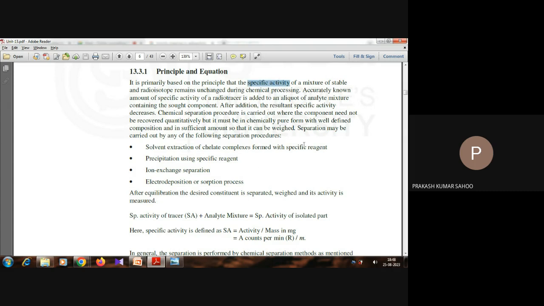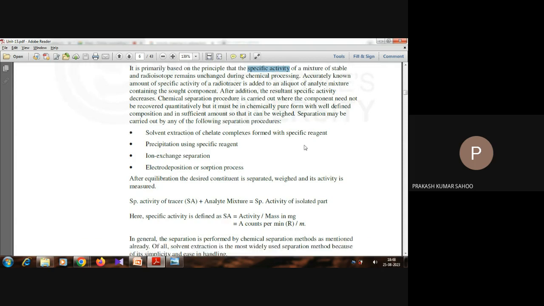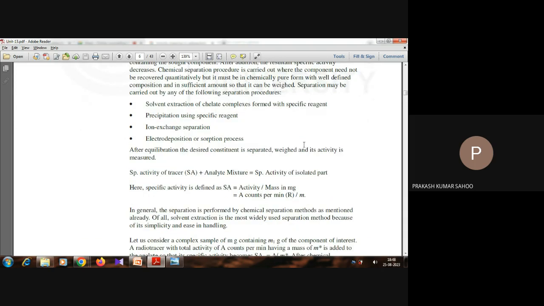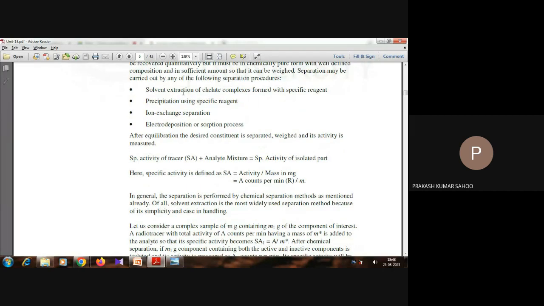So how this specific activity works, this depends on the activity of the radio tracer. If a chemical reaction happens, there must be a chemical separation. So the chemical separations are solvent extraction for chelate complexes, precipitation using specific reagents, ion exchange separation, and electrodeposition or sorption.